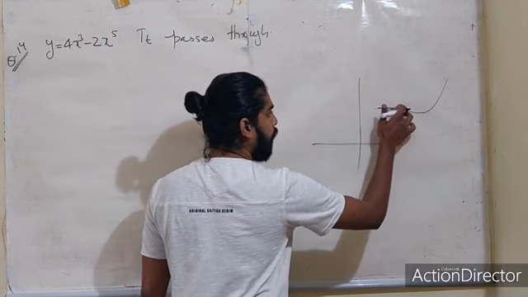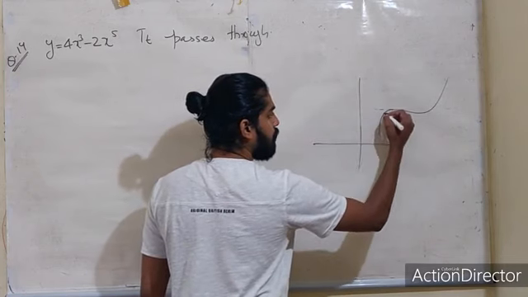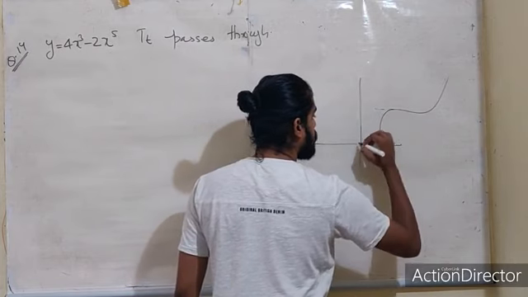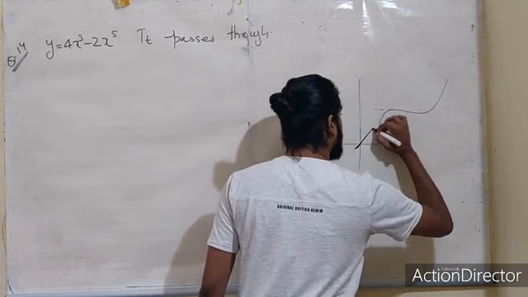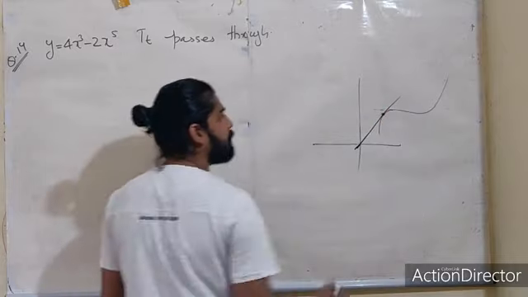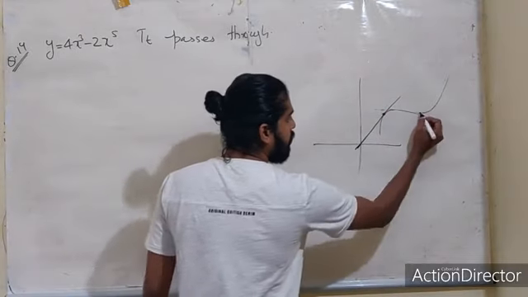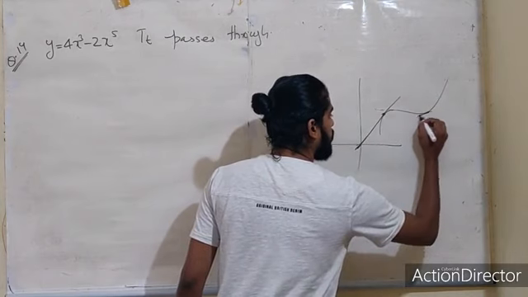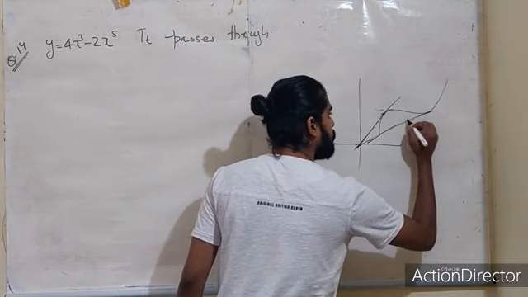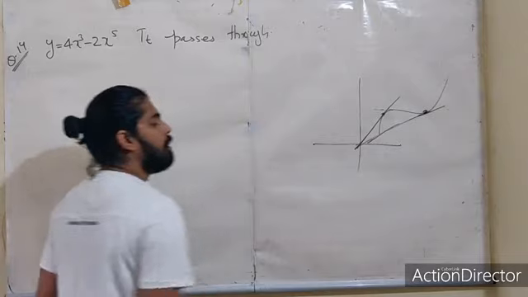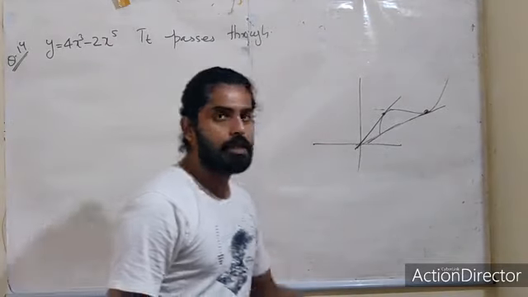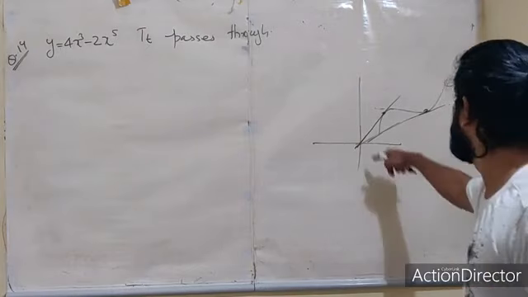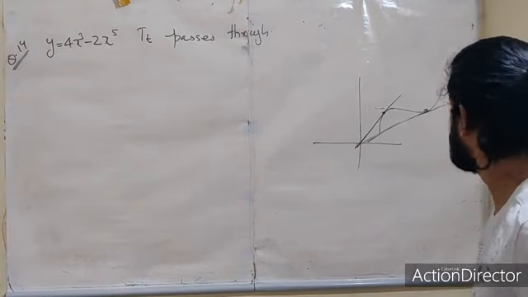So we have to find points like this for the curve y is equal to 4x cube minus 2x raised to 5.